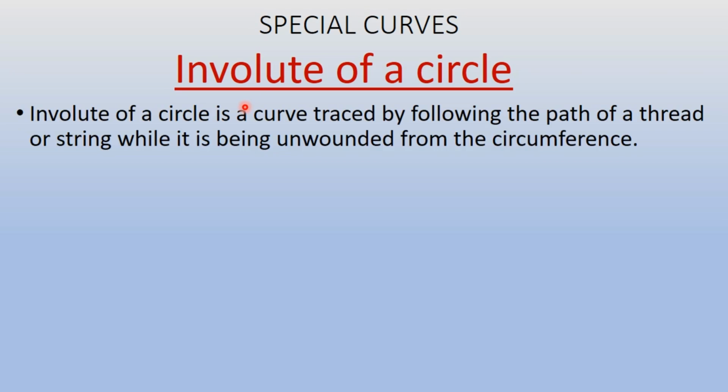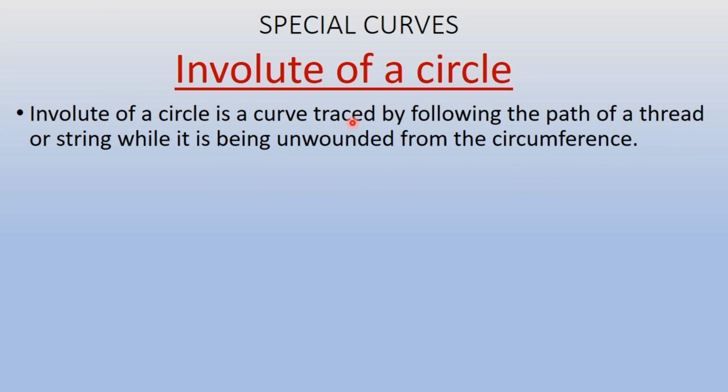Now some involute of a circle. First thing, involute means a curve traced by a point when we unfold or unwind a thread or a string from any segment.